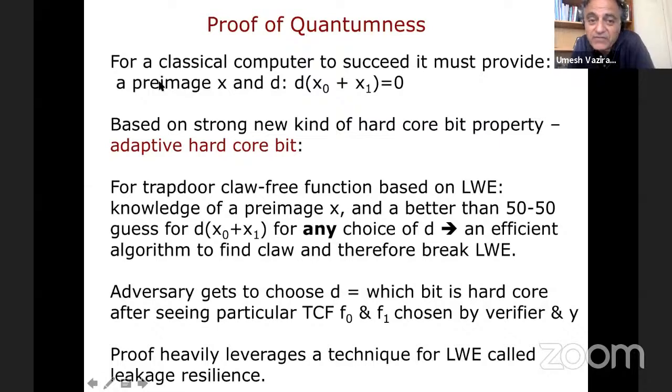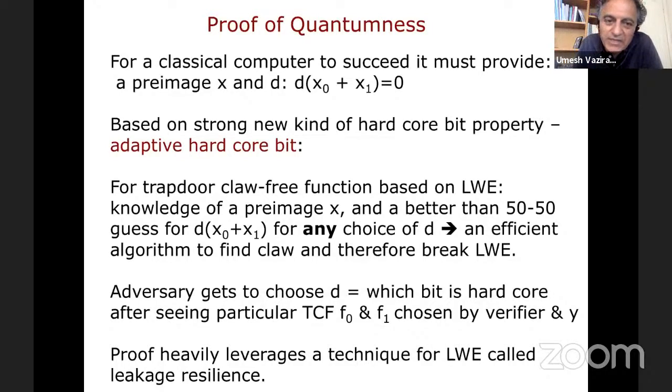What I'm saying here is that for the classical computer to succeed, it provides both an image as well as an equation which relates D and x0 and x1. So this doesn't directly contradict the claw-freeness of the trapdoor claw-free function.